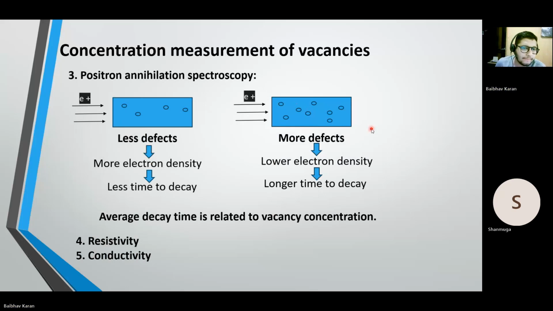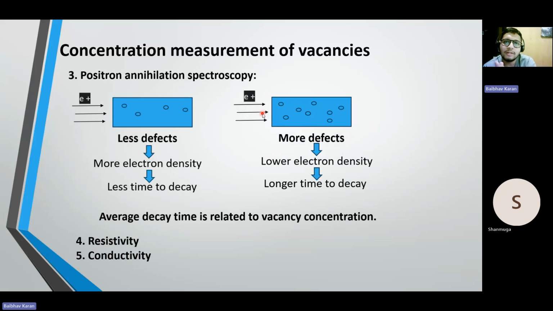And as the electrons are fewer, the positron, which has a positive charge, will find it easier to sit in those defects, because there is no one else to neutralize its charge. The electrons are not present to neutralize the charge of the positron, so they will find an easier time to sit in those vacancies.